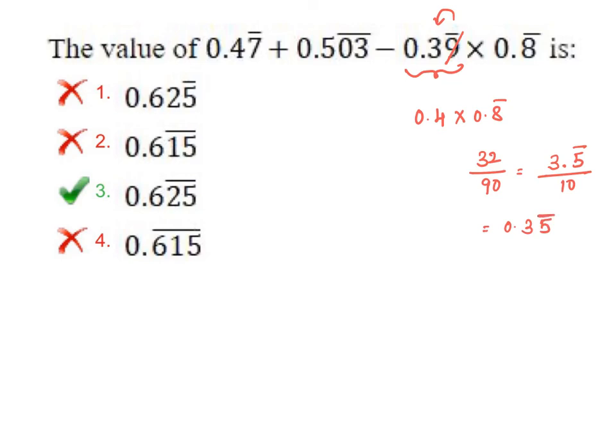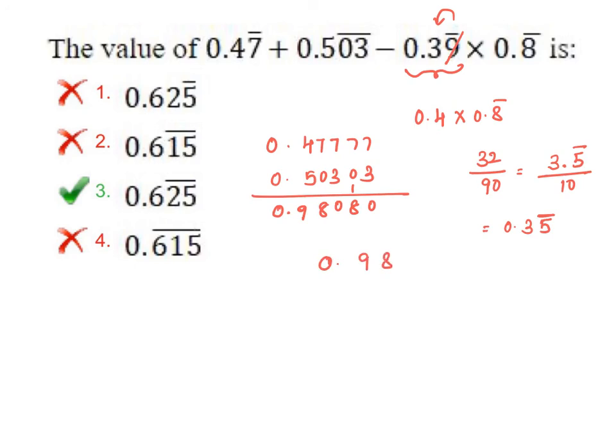Now add the first two, take it as 0.47777 and 0.50303. Add here 8, add here 8, 9. So it's going to be 0.98080, it goes on.